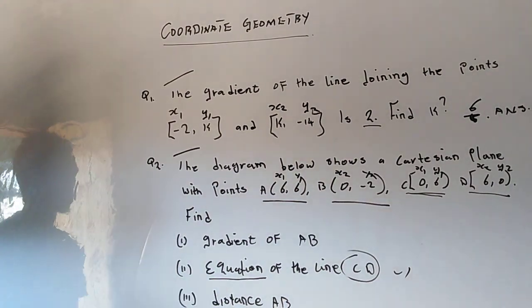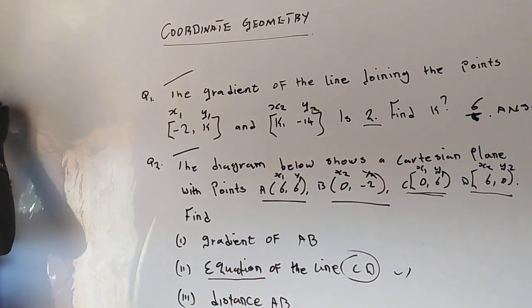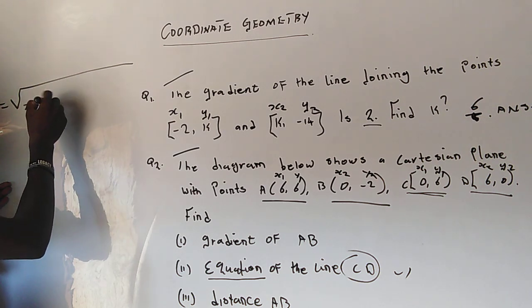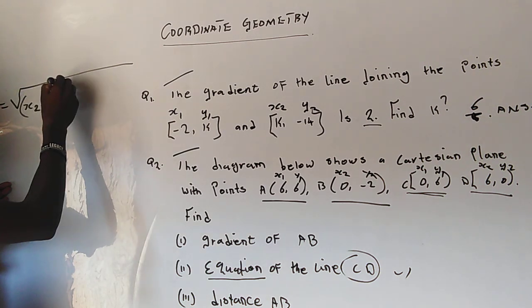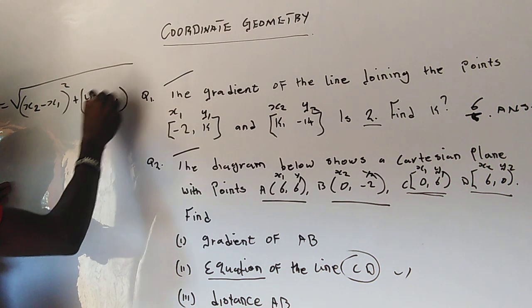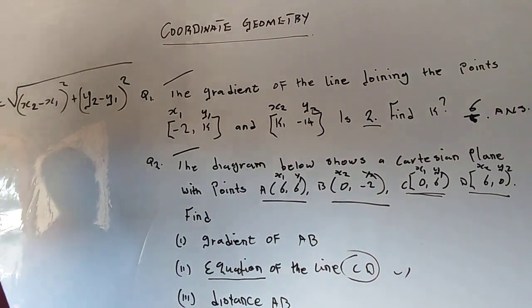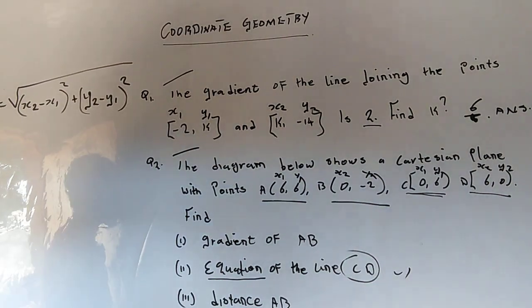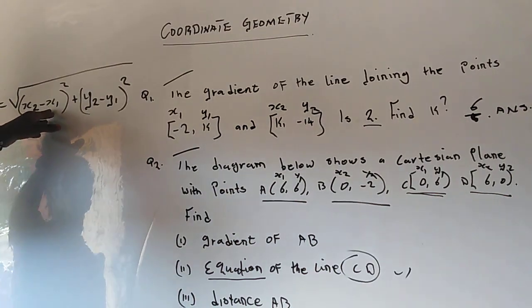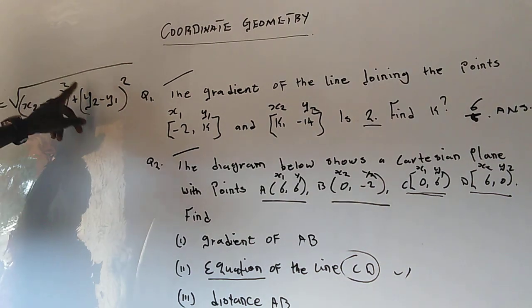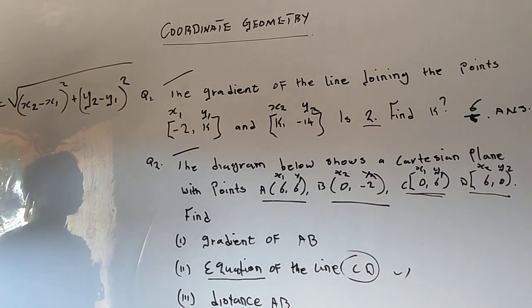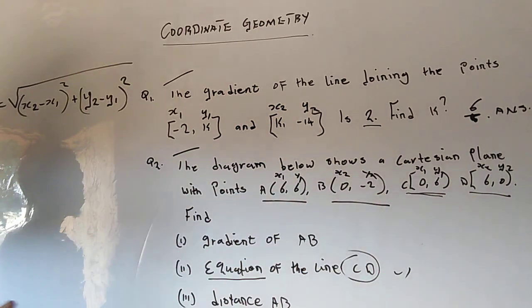The formula for distance is the square root of open bracket x2 minus x1 close bracket squared, plus open bracket y2 minus y1 close bracket squared. It is very important that you name your coordinates before you start solving.